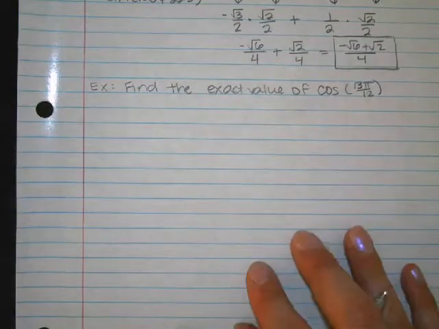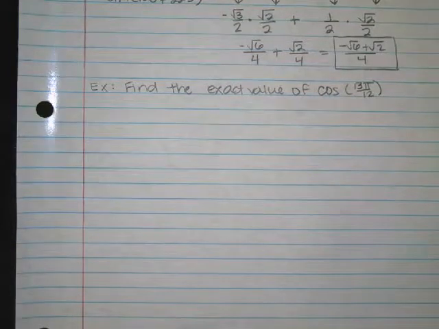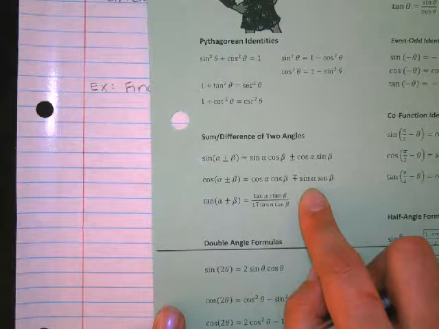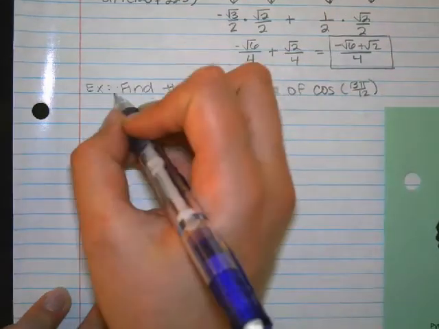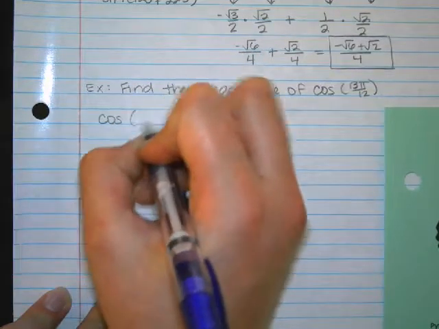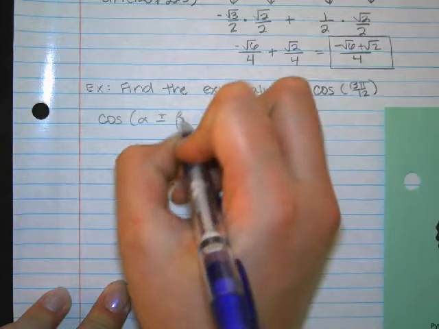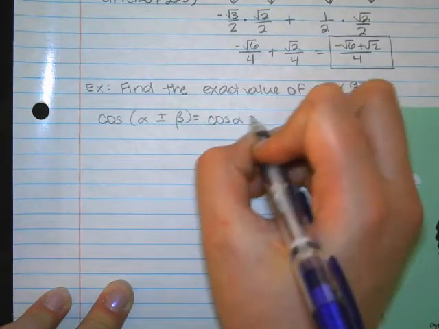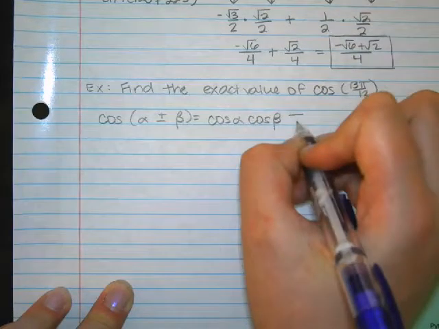Okay. So if you look at the cos formula, do you see how it's a little bit different than the other formula was? So we're going to go ahead and write it down so we can use it. We've got cos of alpha plus or minus beta equals cos alpha cos beta minus or plus.